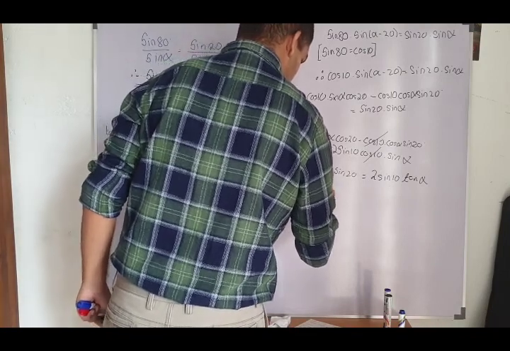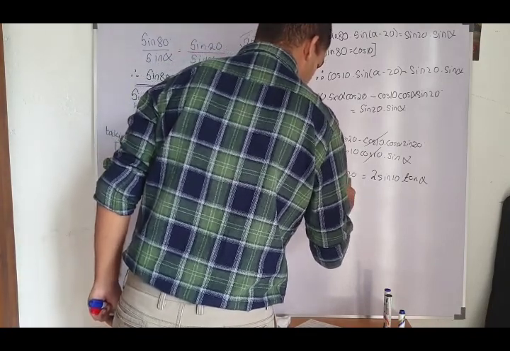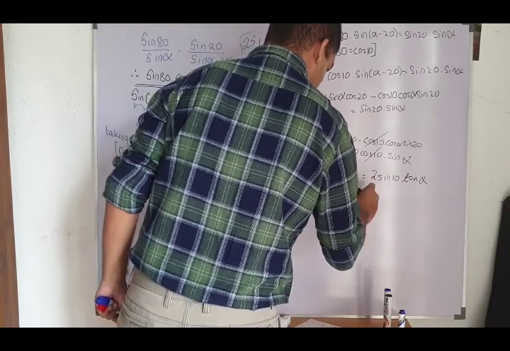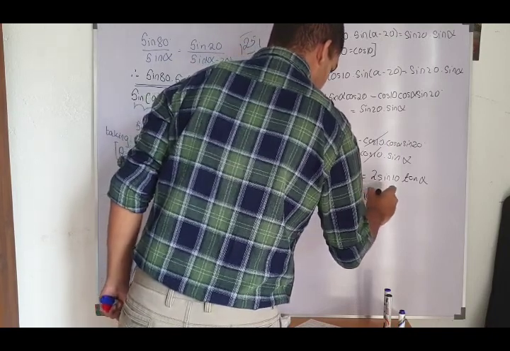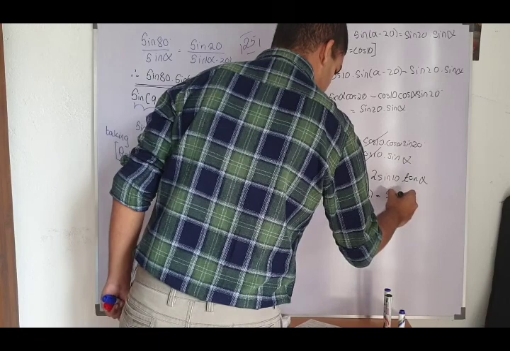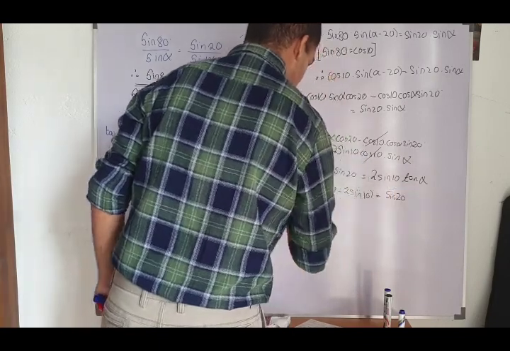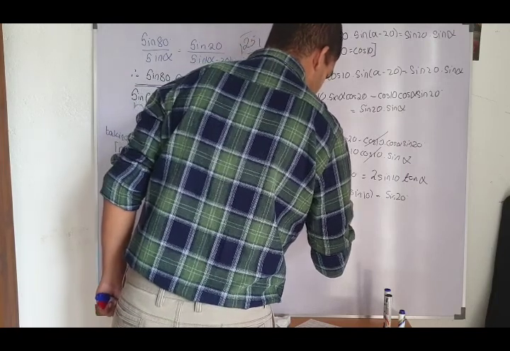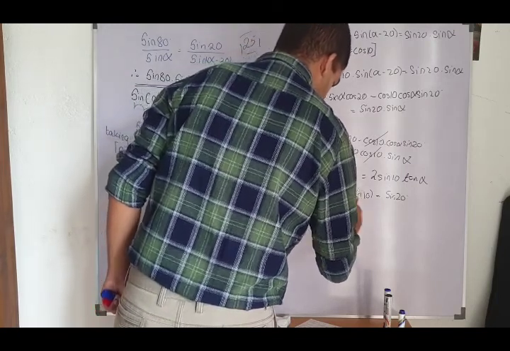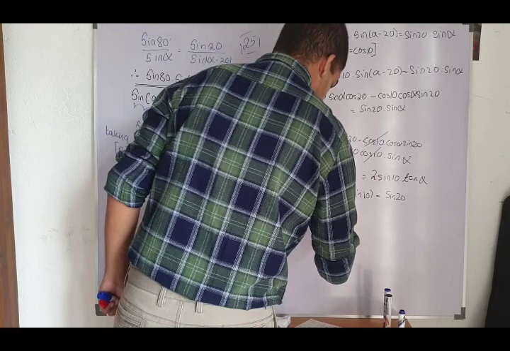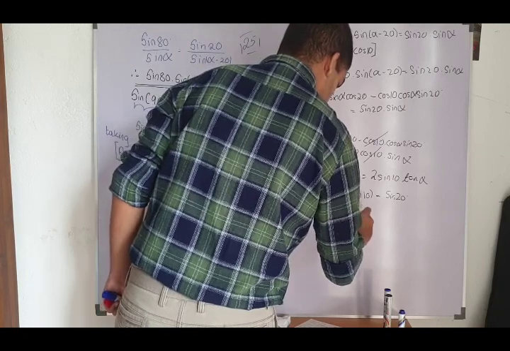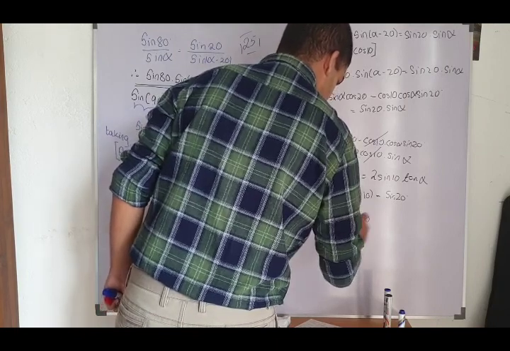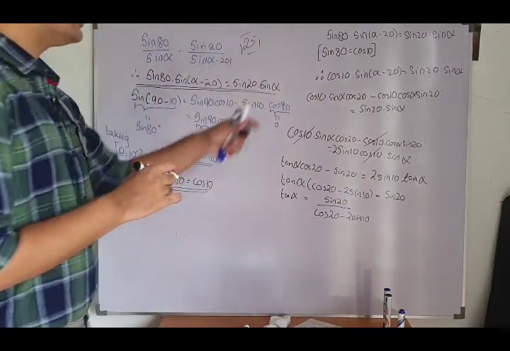Then we get tan alpha times cos 20 minus 2 sine 10 is equal to sine 20. So tan alpha is equal to sine 20 over cos 20 minus 2 sine 10. So that is the answer which they have asked.